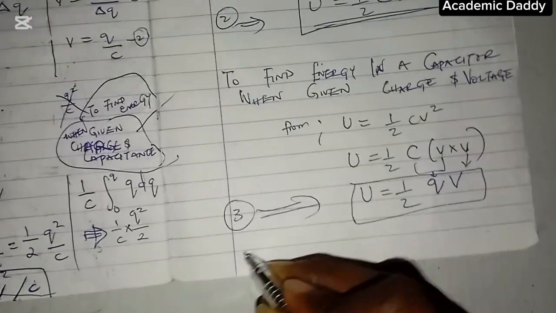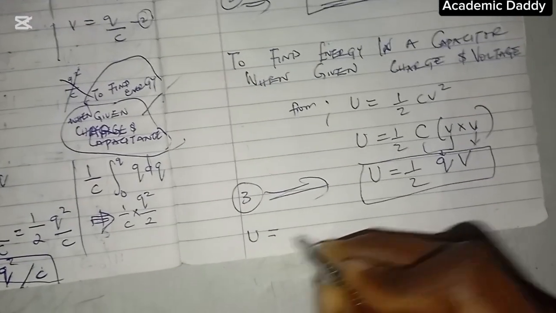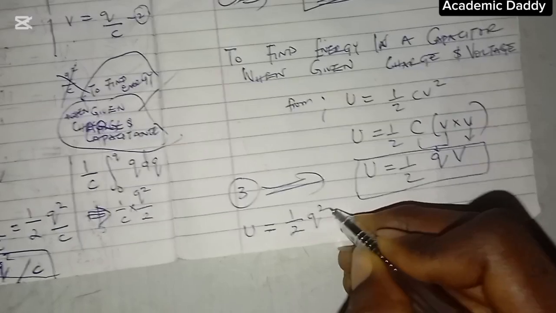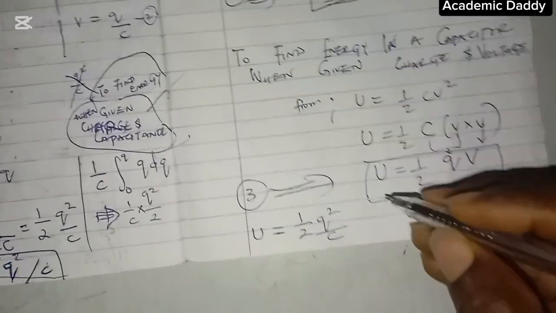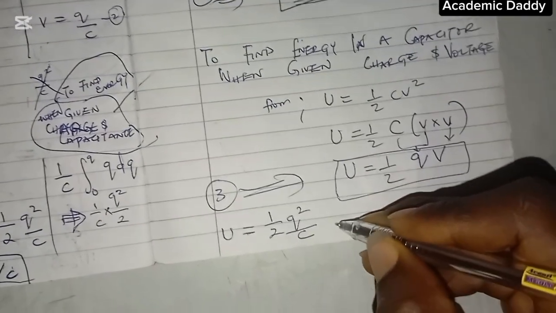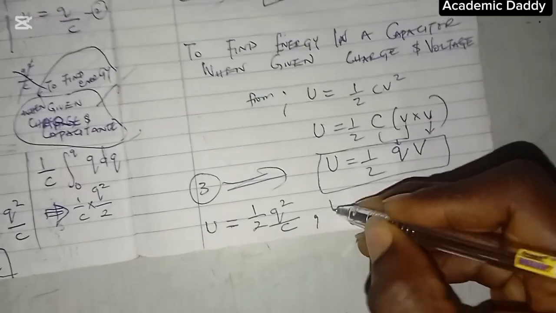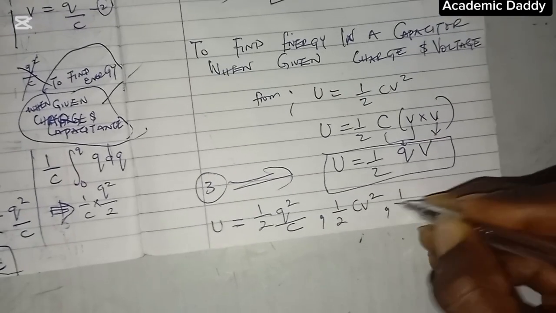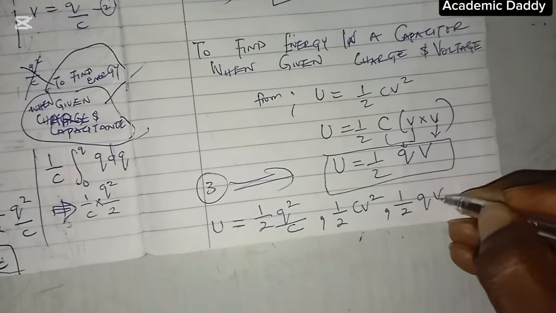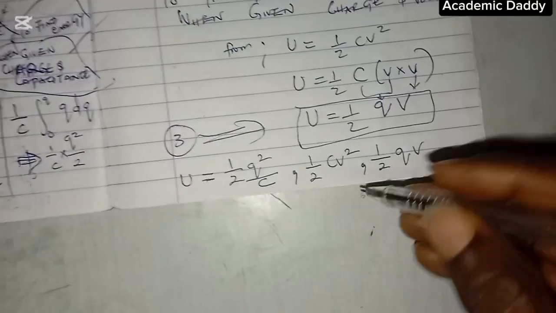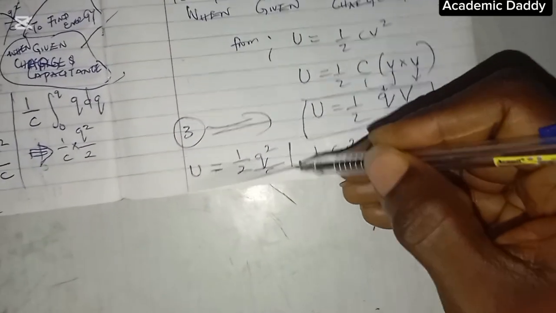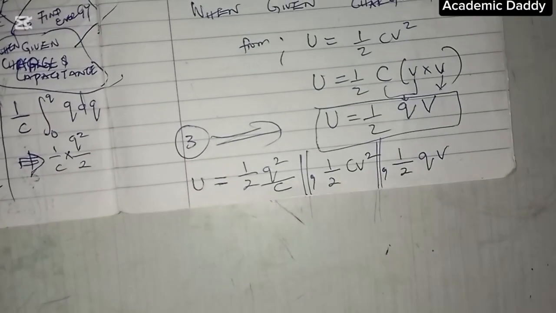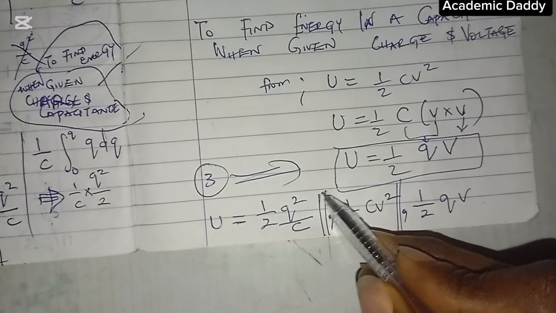Altogether, U is equal to half Q squared over C, comma half CV squared, comma half QV. So you need to note this.